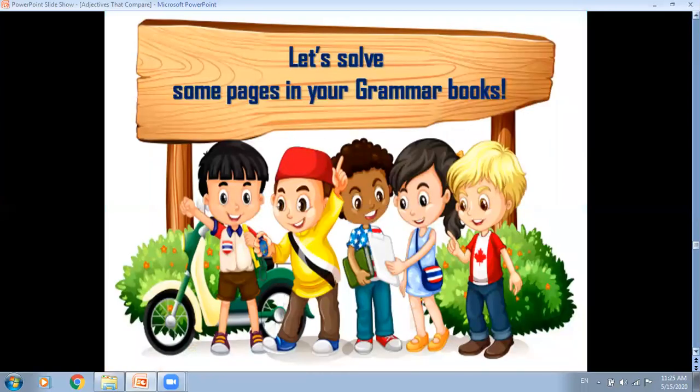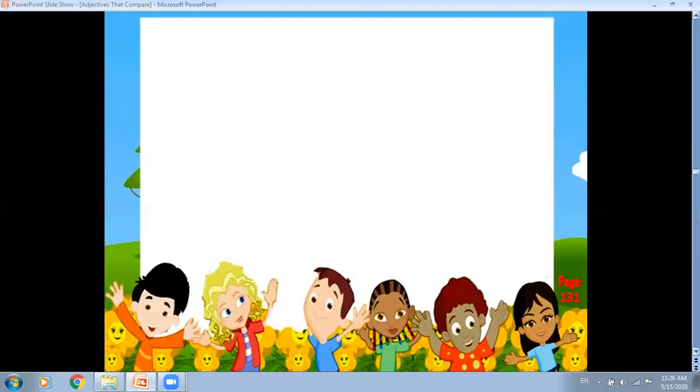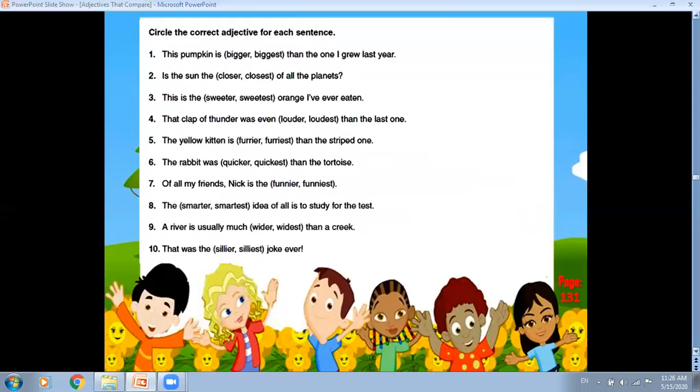Let's solve some pages in your grammar books. Page 131. Let's read. Circle the correct adjective for each sentence. Okay. Let me tell you something, guys. I'm going to solve 2 to 3 sentences in each page.